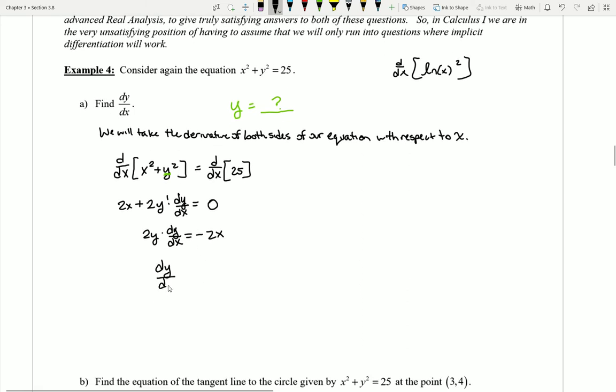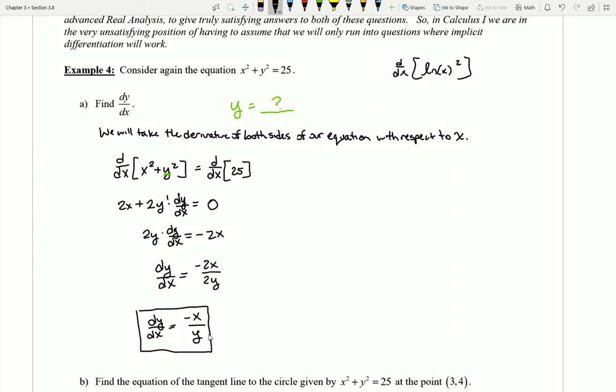And then if I divide both sides by 2y, I can see that I can simplify this down to be equal to negative x divided by y. So I found a derivative formula for this complicated circle that looks like this. Now, notice that this derivative formula contains x's and y's, but no big deal.